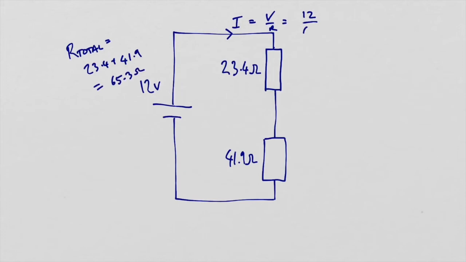So the current is 12 divided by 65.3 ohms, and we can figure out it's 0.184 amps.